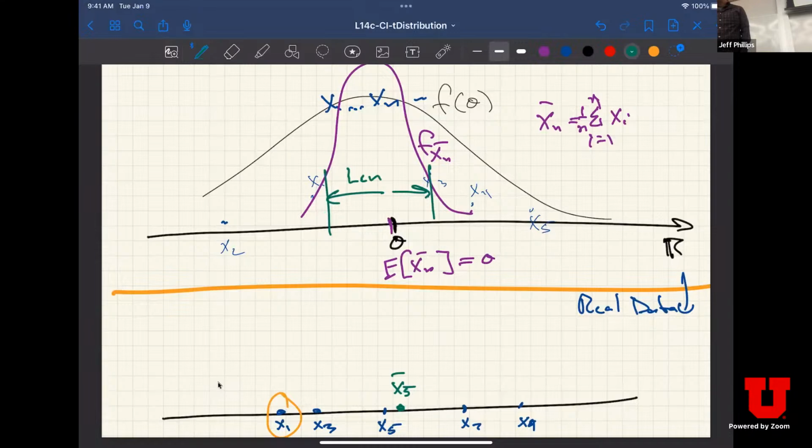I know that from this distribution the area under the tail outside of it is maybe 5%.